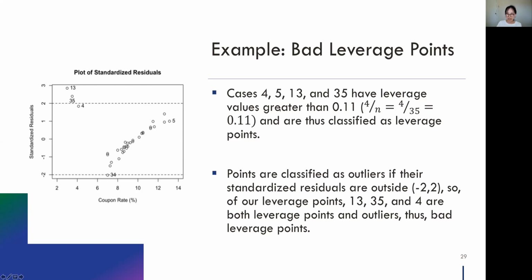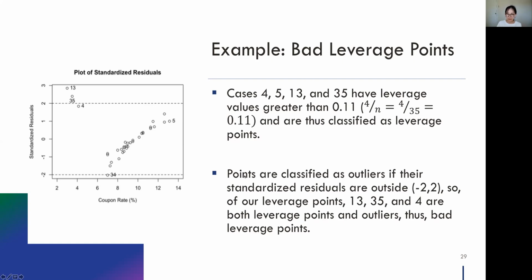They have leverage value greater than 0.11. That is to compare with 4 over n. 4 over n is, by rule of thumb, used to determine if it's a high leverage point or not. So these are classified as leverage points.